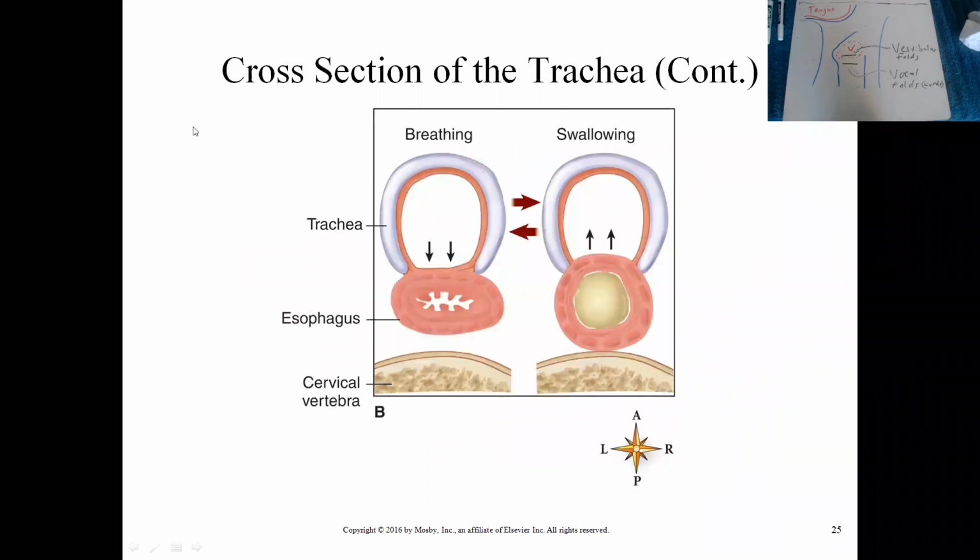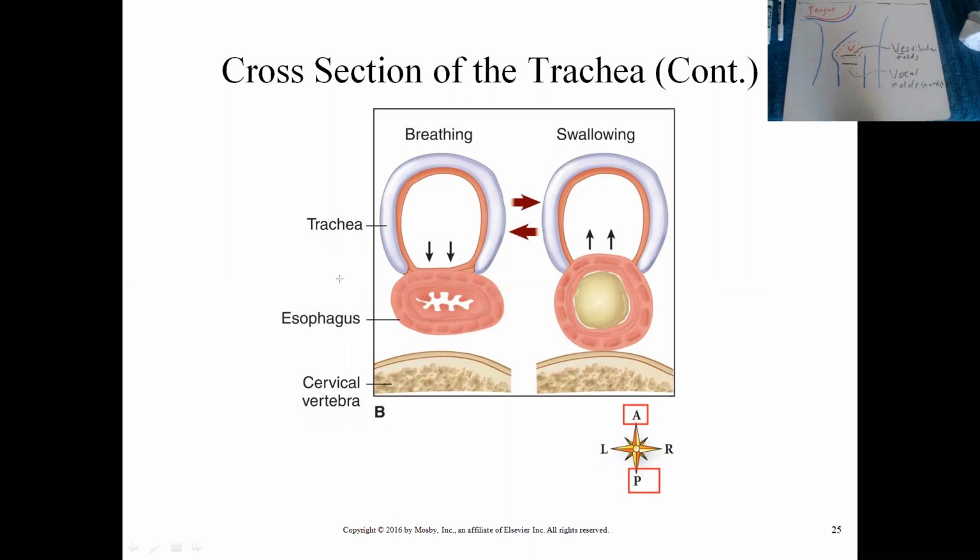Here's a look at the trachea from above. In this view, I'll point out the compass. The top is anterior, bottom posterior. We have the trachea and the esophagus.